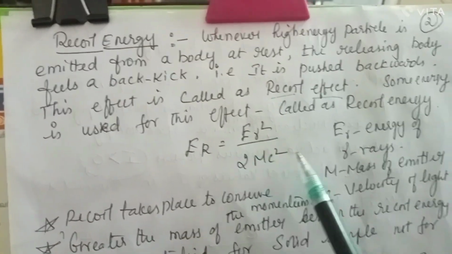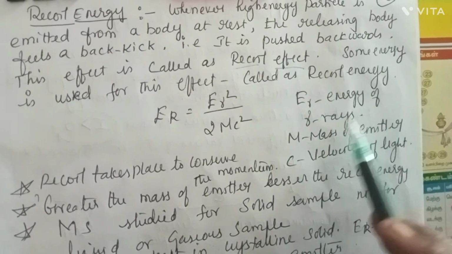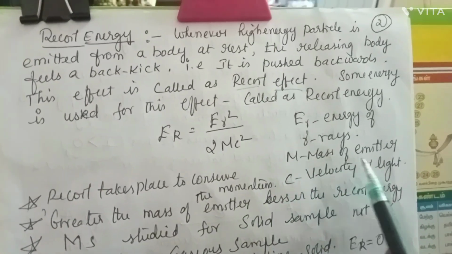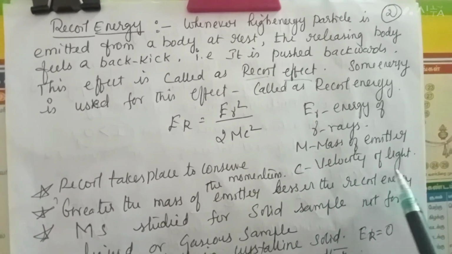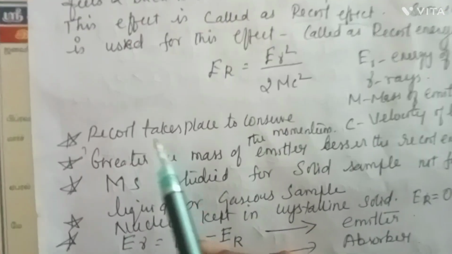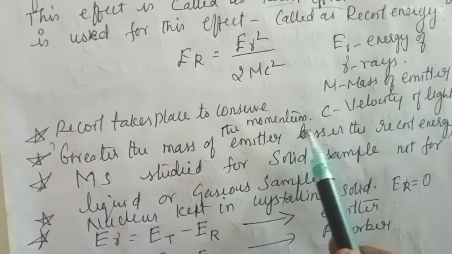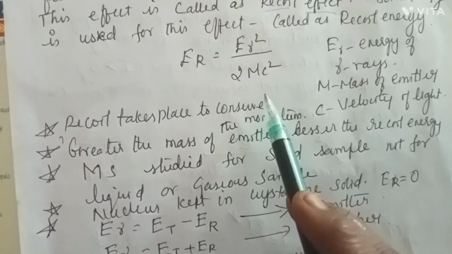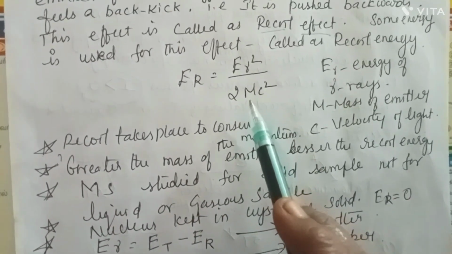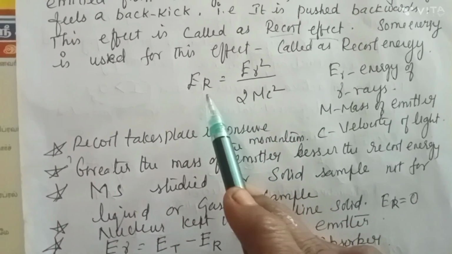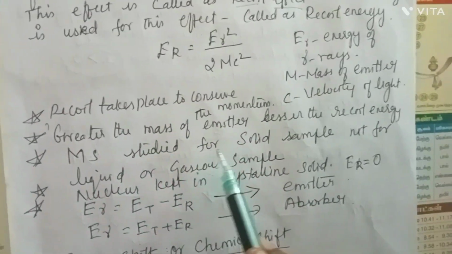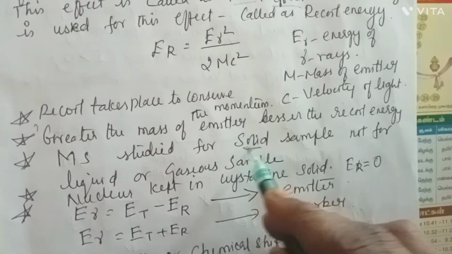E gamma is the energy of the gamma rays, m is the mass of the emitter, and c is the velocity of light. So it is obvious that the greater the m, the lesser the recoil energy. Recoil takes place to conserve momentum. Greater the mass of the emitter, lesser the recoil energy.